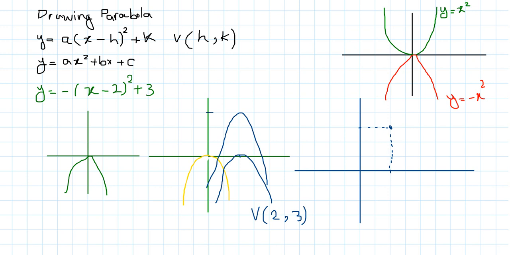And I want to know where on the y-axis I have the intersection. If I put x equals 0, you have minus 4 plus 3. It is minus 1. It has the intersection with the y-axis. Okay, let's draw it.